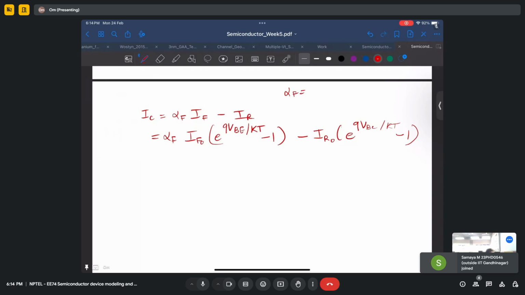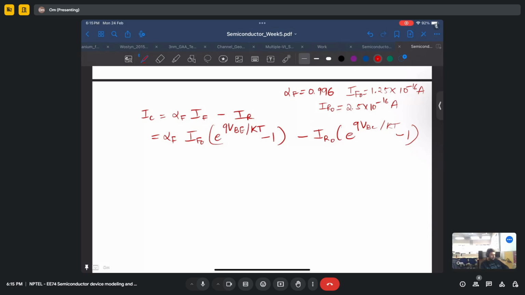Alpha F is 0.996, these are given in the question. IF naught is 1.25 into 10 to the power minus 16 ampere, and IR naught is 2.5 into 10 to the power minus 16 ampere.